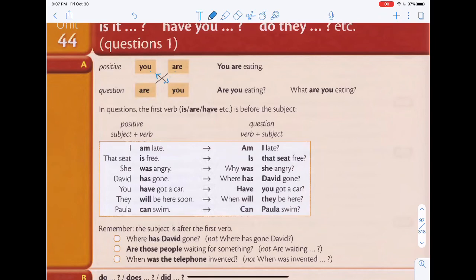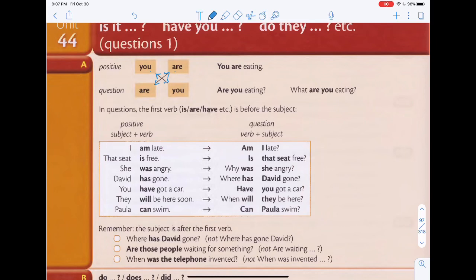So you from number 1 becomes number 2. Are from number 2 becomes number 1. So the question will be, are you something? Are you eating? Or you could say, what are you eating? When are you eating? Where are you eating? Alright, all these will become a question just by flipping you and are.